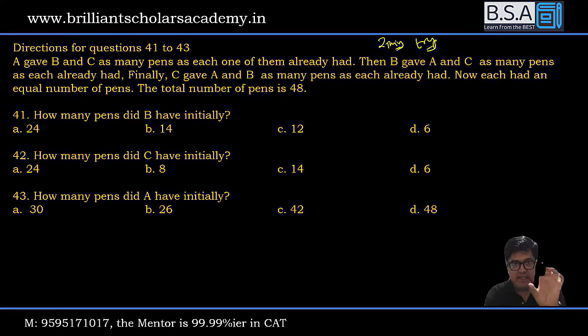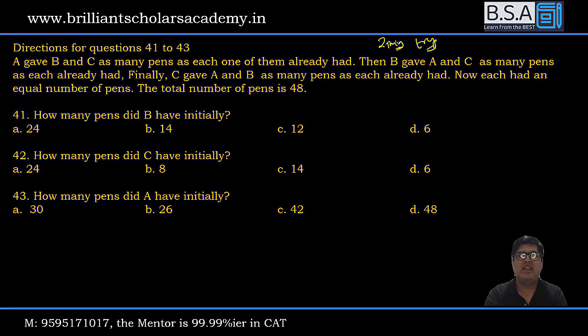A lot of variations of this have been seen in CAT recently. A, B, and C. A gave B and C as many pens each one of them already had. B gave A and C as many pens each already had.